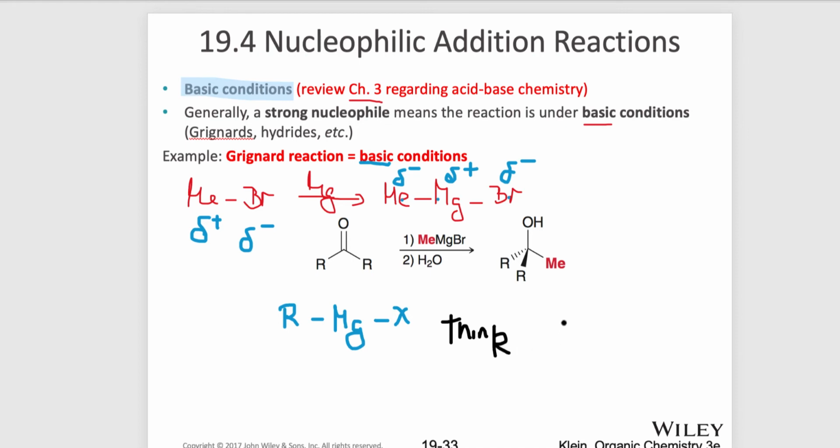So here it would mean R dot dot minus. So it's a very powerful nucleophile. That's going to attack the electrophilic carbon here. It's going to open up the double bond to form that intermediate we've seen before.